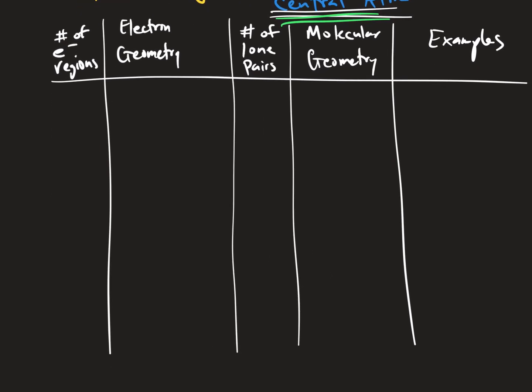But if we have 2 electron regions, it's also linear always. And we'll give 2 examples here.